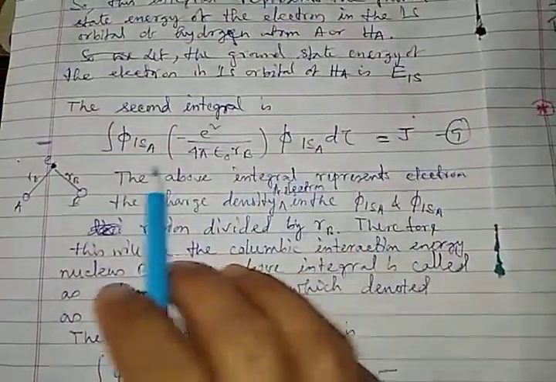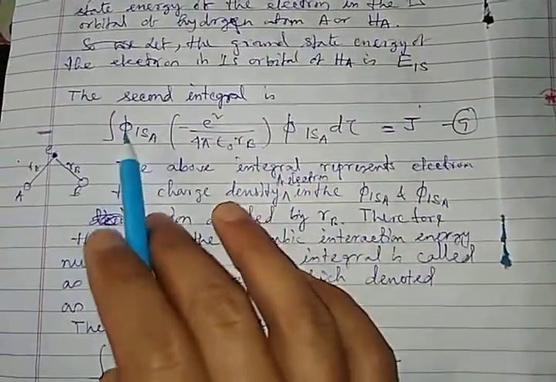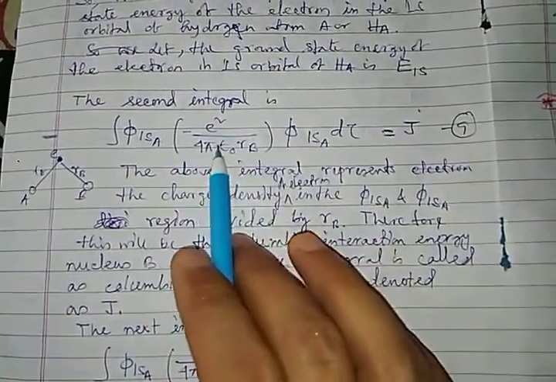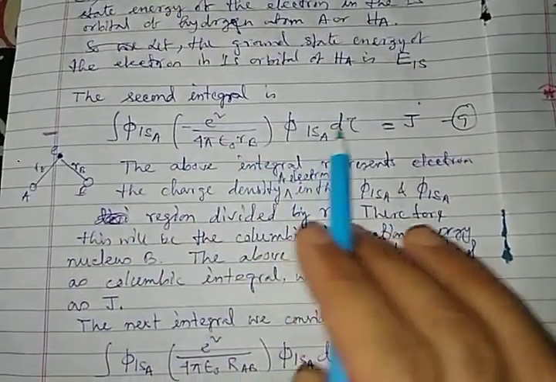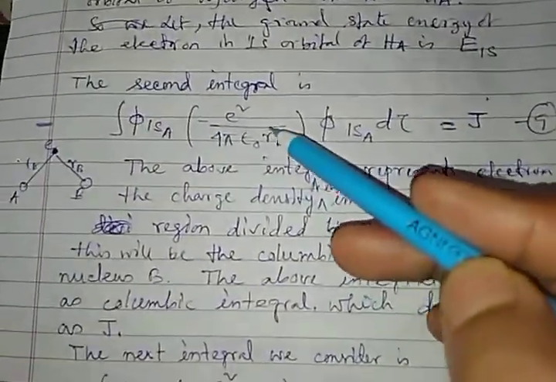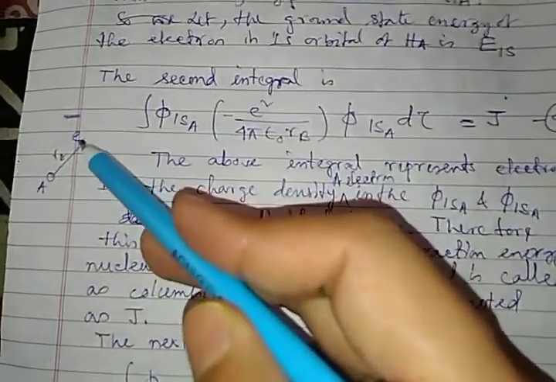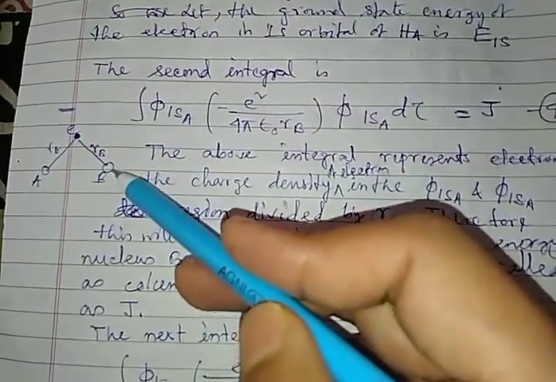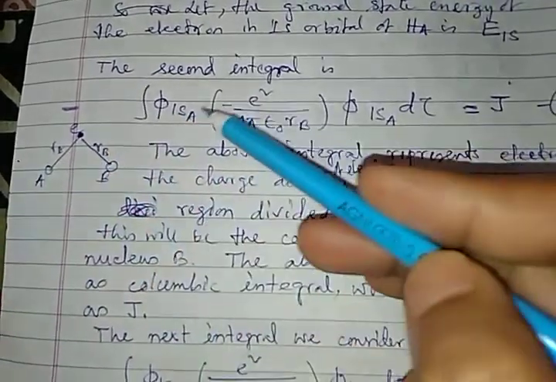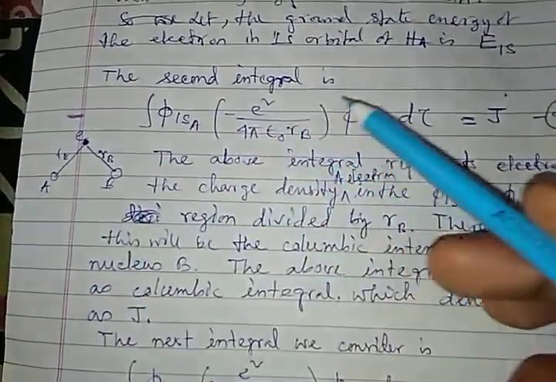So in this integral, you can notice that this phi 1sA and this term is the potential energy term, and phi 1sA d tau. So if I look at this term, it is 1 by Rb. Rb is the distance between the electron and nucleus B, and we are considering phi 1sA and phi 1sB.